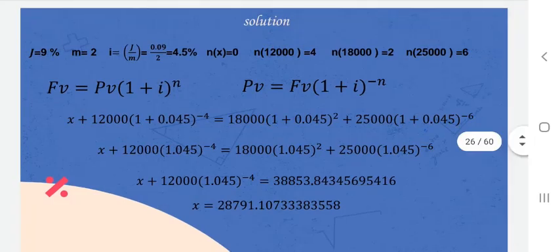By substituting in formula of future value and present value, the new obligations at left hand side and the old obligations at right hand side: X plus present value for $12,000 with a power of -4 equal the amount of $18,000 with N equal 2 plus the present value for $25,000 with a power of -6.